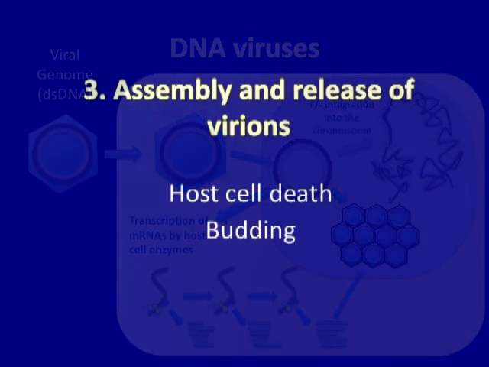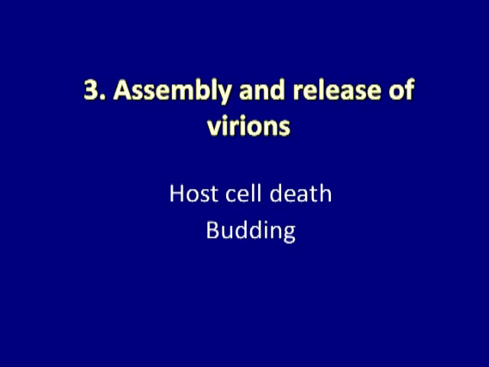The final step in the viral life cycle is the assembly and release of the virions, and this can occur in two possible ways. One, through the deliberate killing and lysis of the host cell with release of virions from the cytoplasm, and the other way is through budding of the virus through the host cell membrane.